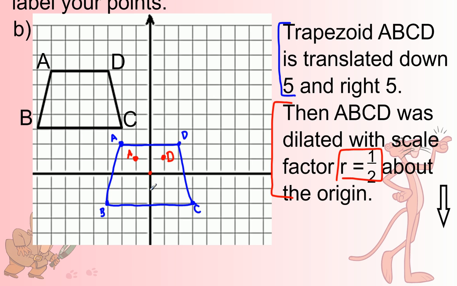Half of that would be down 1 over 1.5, because half of 3 is 1.5. To get from the origin to C, I would go down 2 over 3, which means I go down 1 over 1.5. That's B, C. Those are my primes. Those are my final answer.